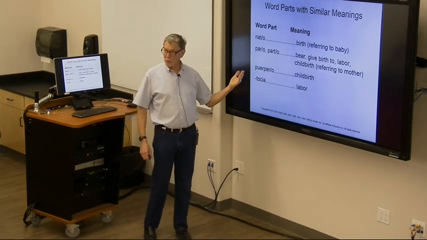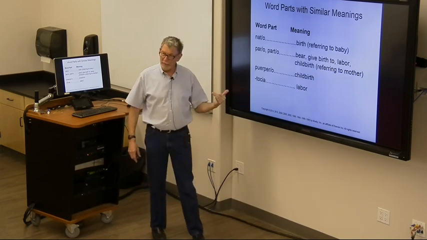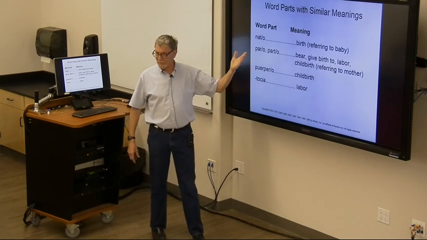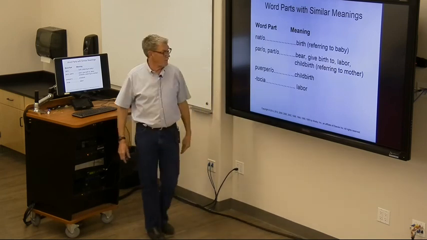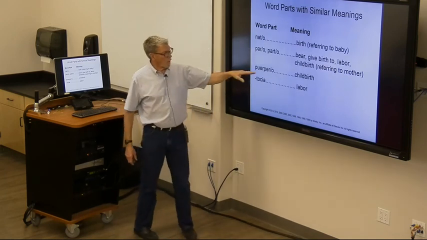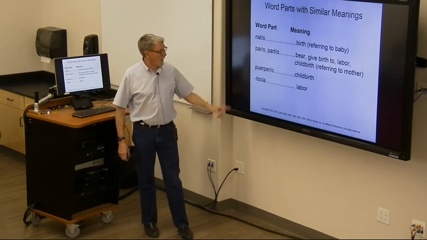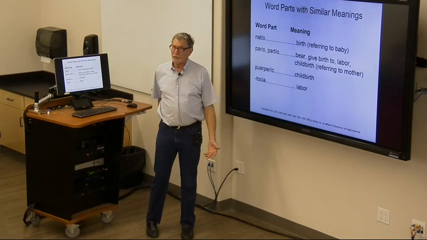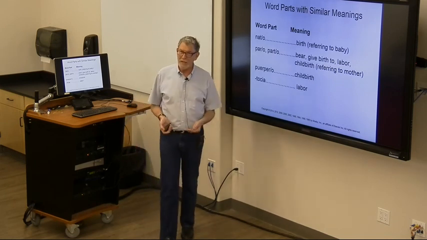So antepartum, postpartum, if she had antepartum pain, antepartum bleeding, the baby didn't. The baby gets prenatal care and it becomes a neonate. Puerpero is also a term for childbirth, as we saw. And tocia is a term for labor. So dystocia means an unusually difficult or painful labor.